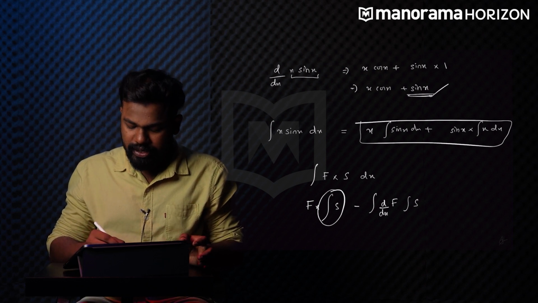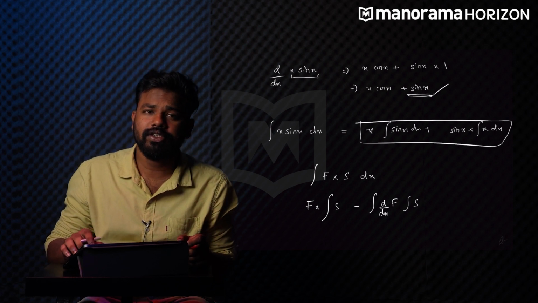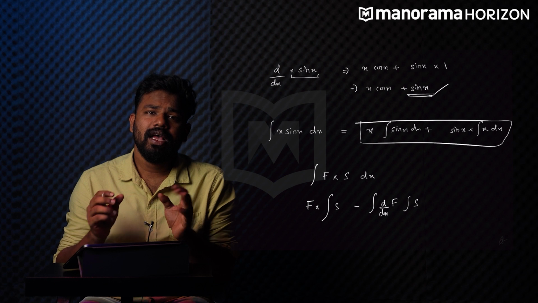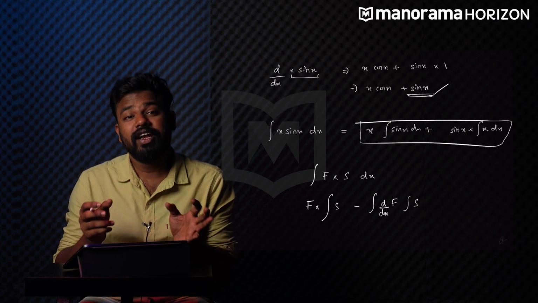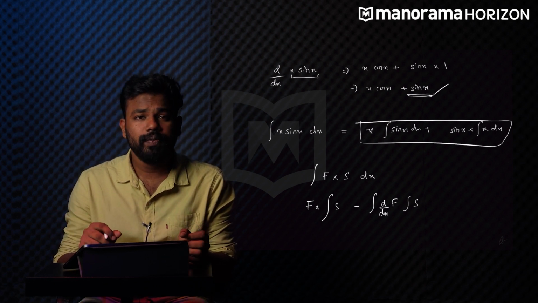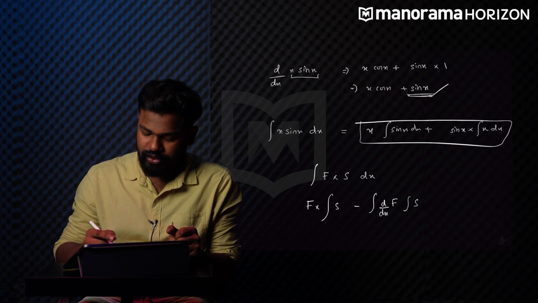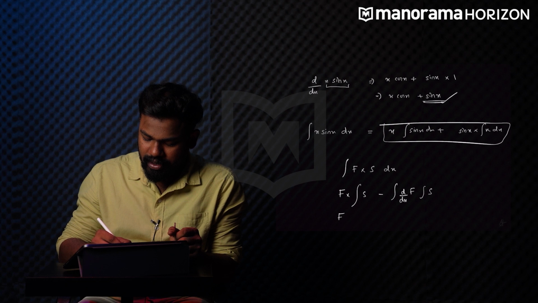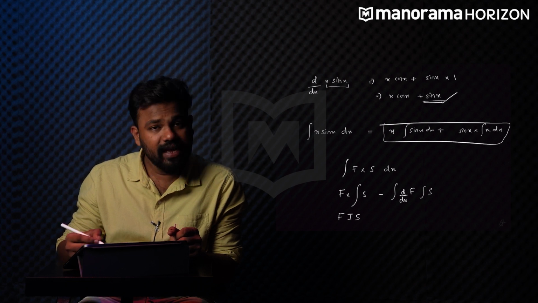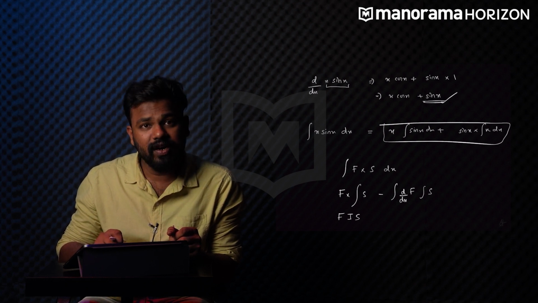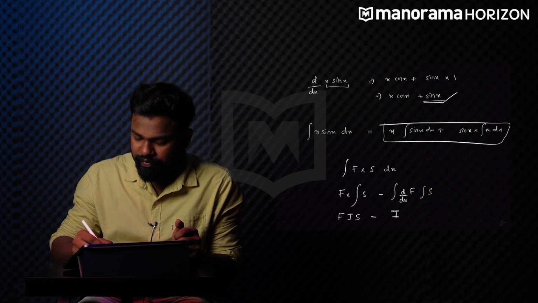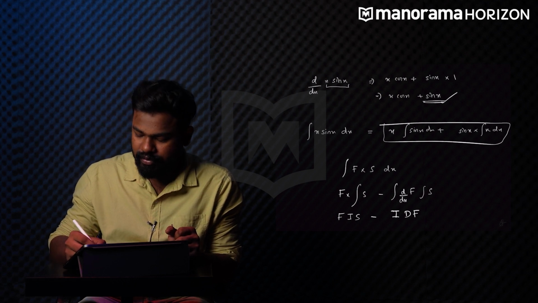So how to integrate the product of two functions? First function into the integral of second function minus the integral of the derivative of the first function into the integral of the second function. And you can write that in short as FIS, that is first into integral of second, minus integral of derivative of first into integral of second.